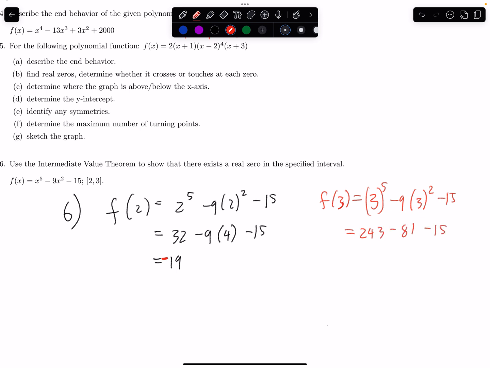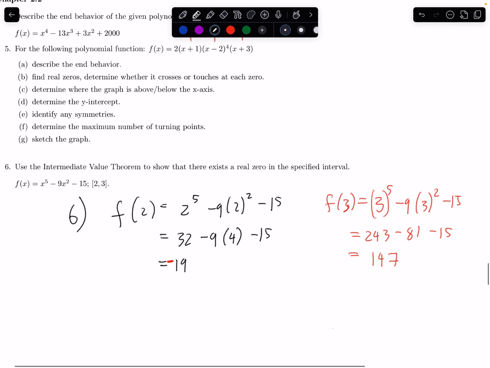And minus 15. Importantly, that's going to be positive. I can see already without actually finding the answer, but let's find it. It's 147. So one is positive, one is negative, and that's all you have to show.